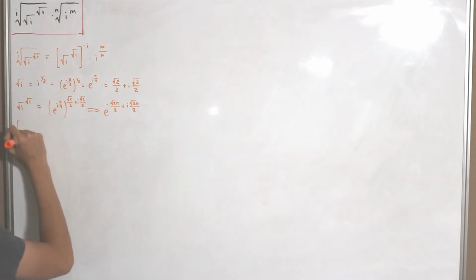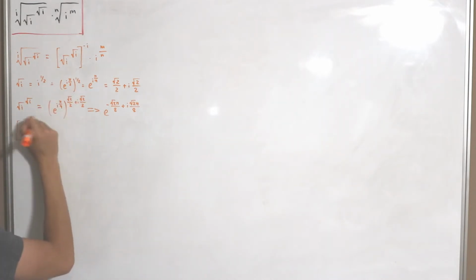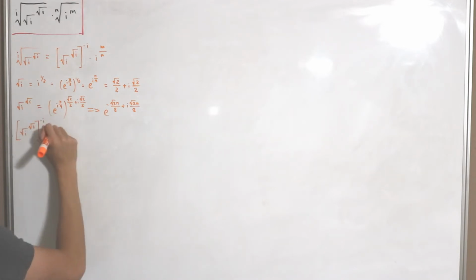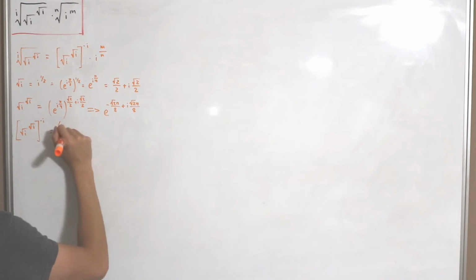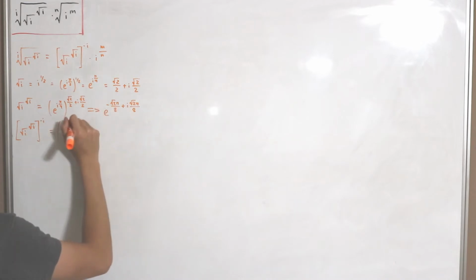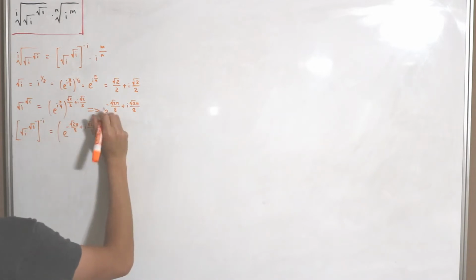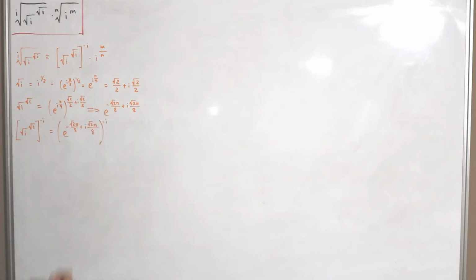Next we have the square root of i to the power square root of i, and then to the negative i power. We're just plugging back in our substitution. So we have negative square root of 2 pi divided by 8 plus i square root of 2 pi divided by 8, to the power negative i.